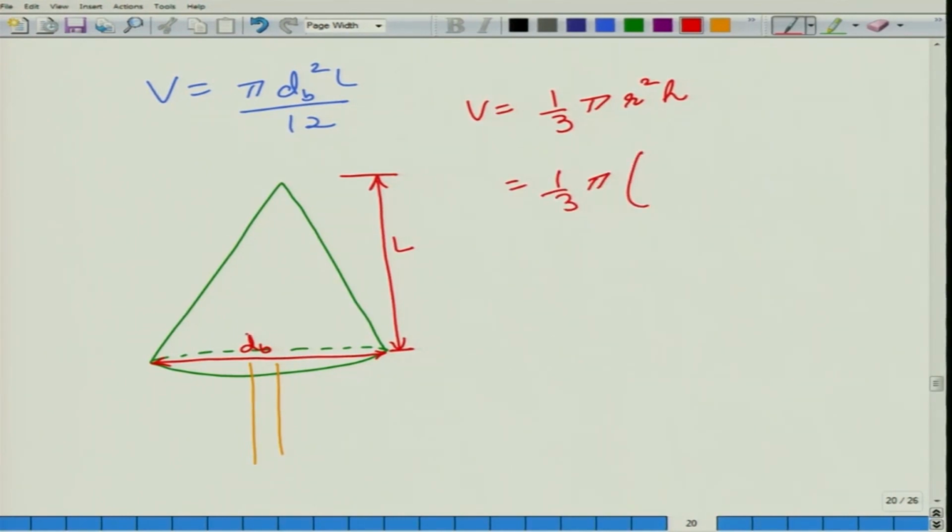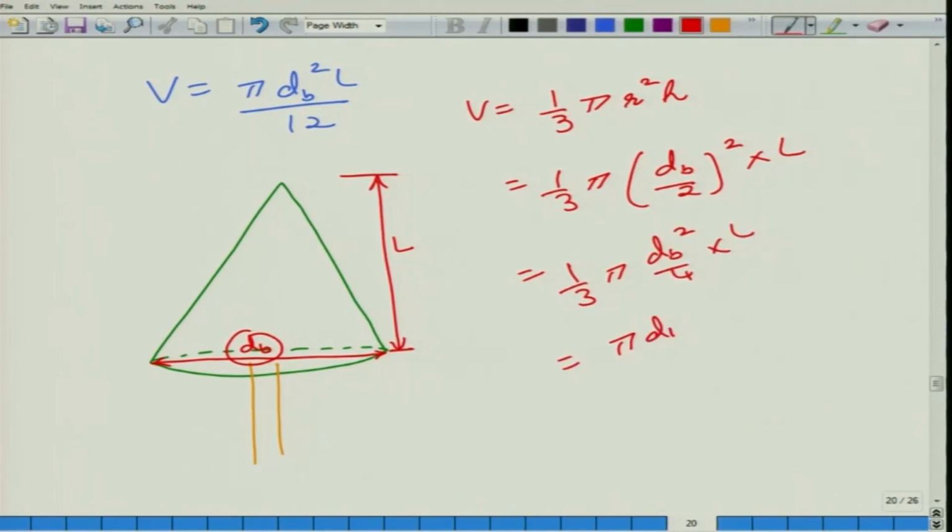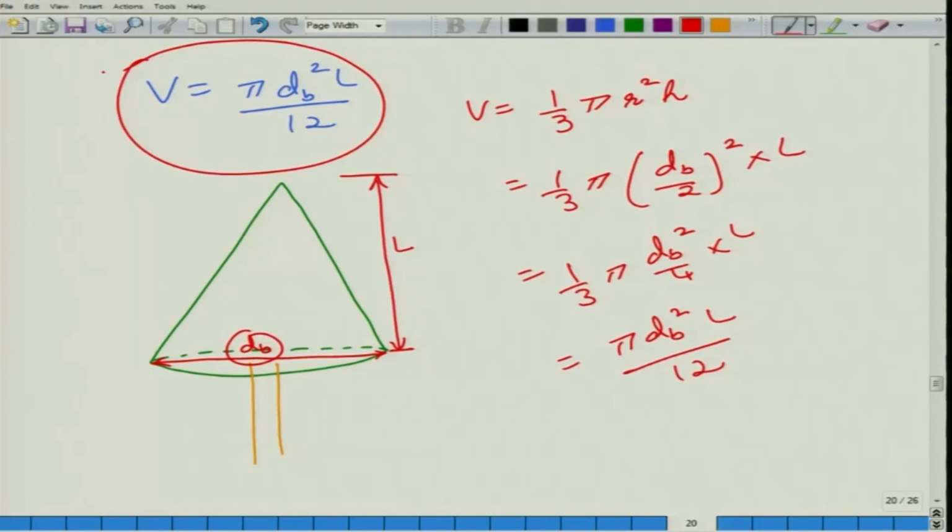Now, r in this case is dB by 2, squared, into height. The height of this cone is capital L, which is the crown length. So this becomes 1 by 3 pi dB square by 4 into L, which is pi dB square L upon 12, which is the same as this equation.